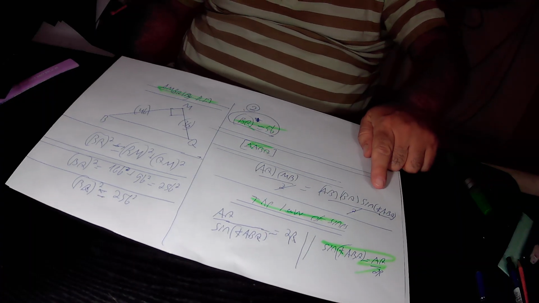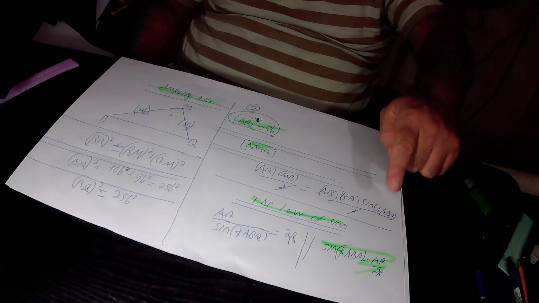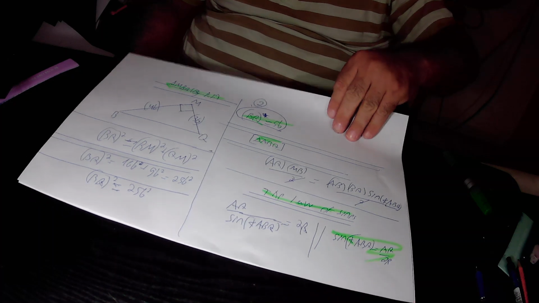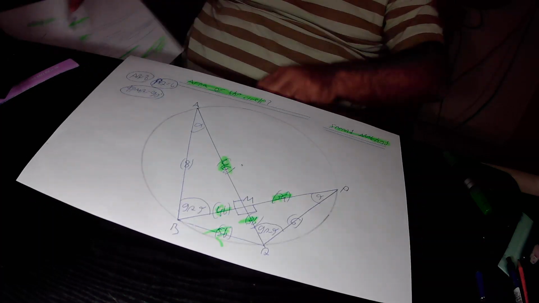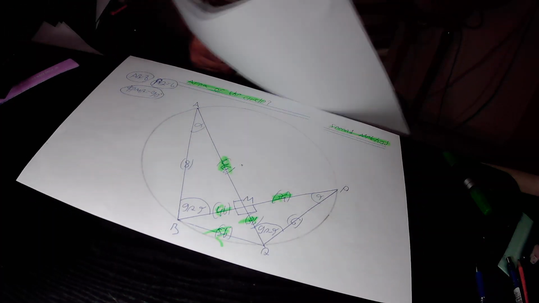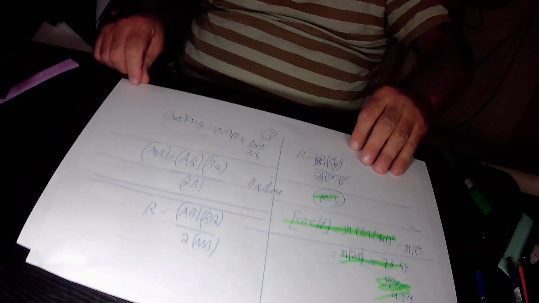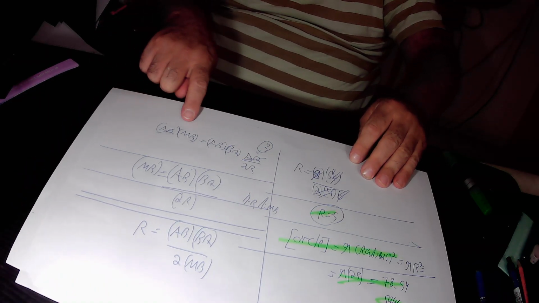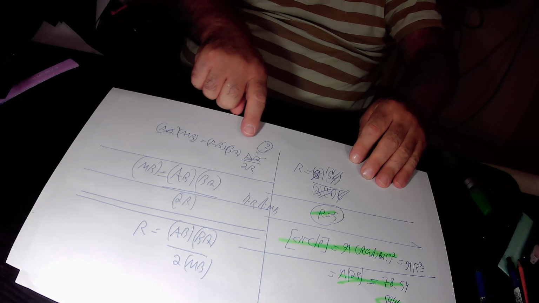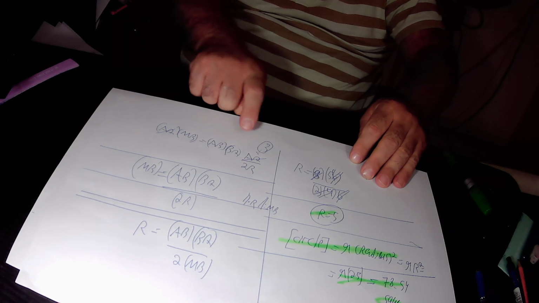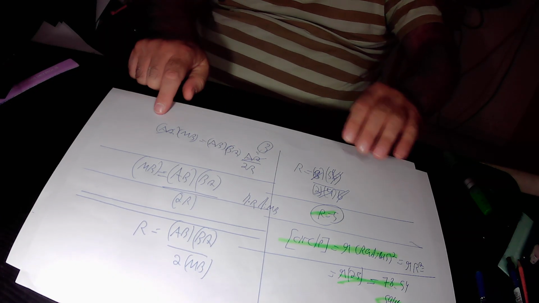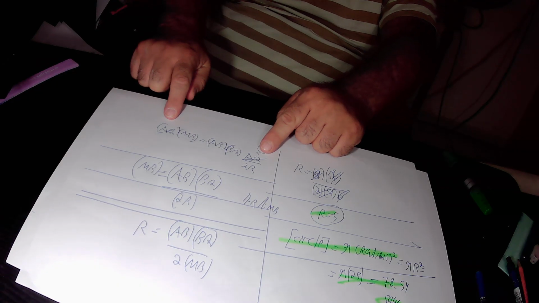So now we can substitute sine angle ABQ by AQ over 2R. We did it, and we found out that AQ times MB equals AB times BQ, and sine angle ABQ is AQ over 2R. Here we have AQ on both sides of this equation, so AQ will get cancelled.